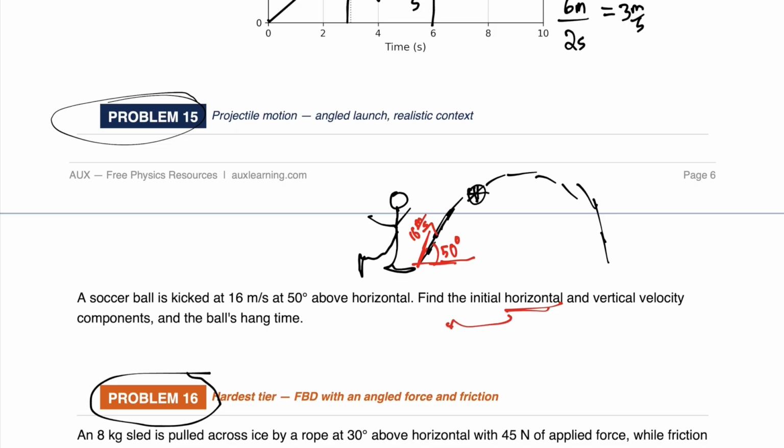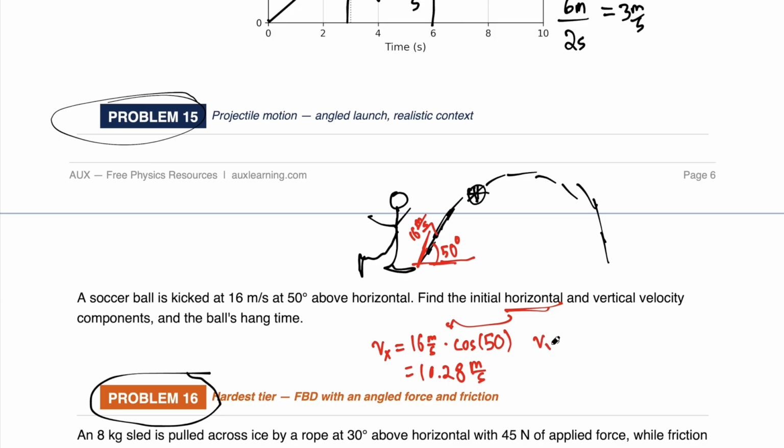Horizontal: velocity x is equal to 16 meters per second times cosine of 50. So if I pull out my calculator and do that, that's around 10.28 meters per second.